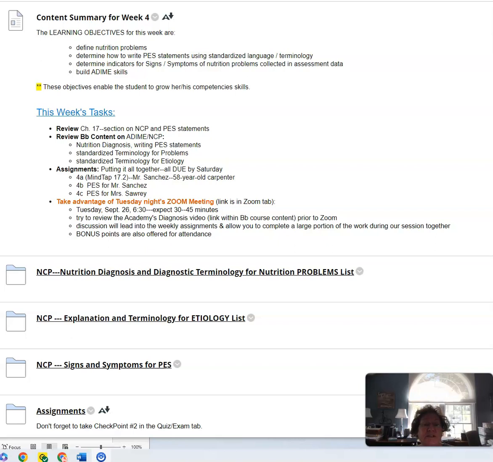And that's related to their disease or a new diagnosis of type 2 diabetes. The phrases I'm using come from a very specific list of standardized terminology contained within the Blackboard folders under Problems and Etiology. Let's take a quick look.